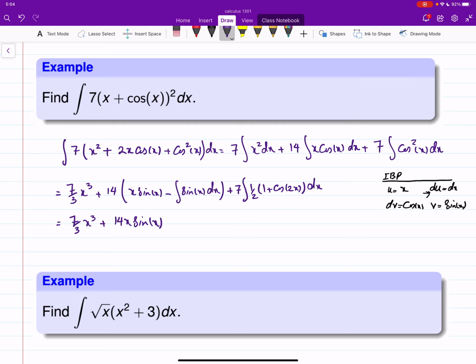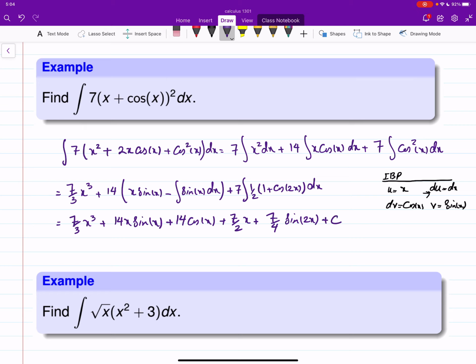Integral of sine x is negative cosine x. There's another sign there, so this will be 1/4 cosine x. The second one will be half over 2, x, and the last one is going to be half over 4, sine 2x, then plus c.